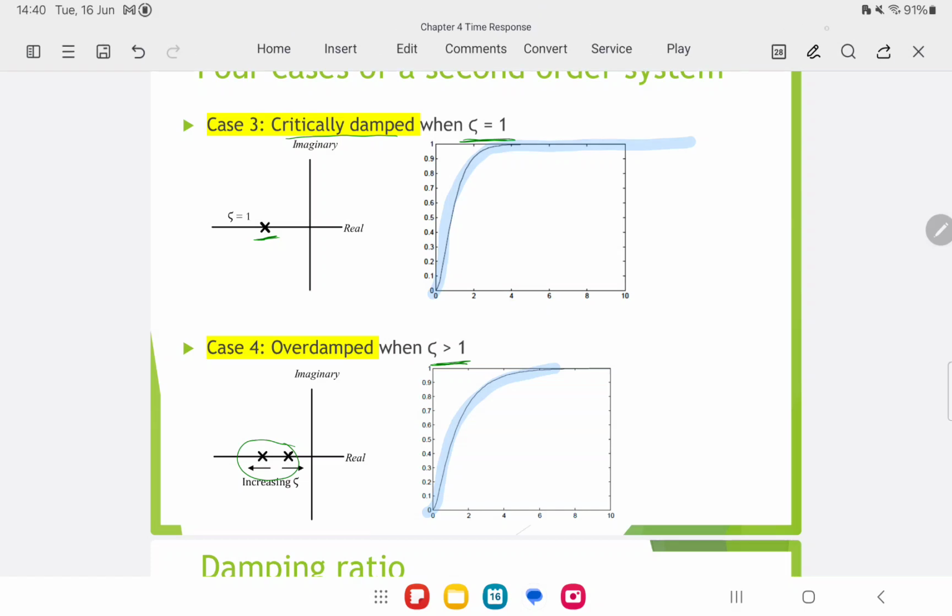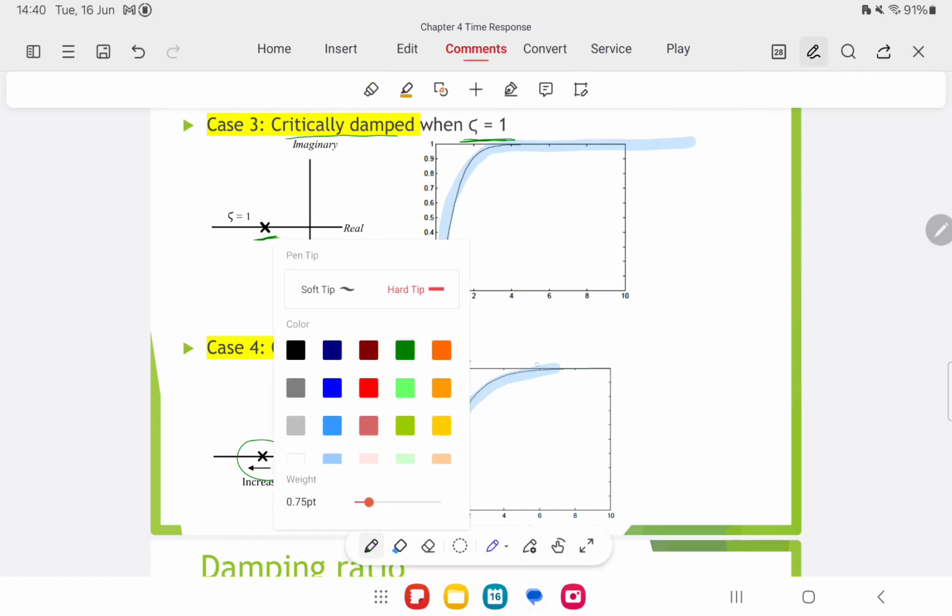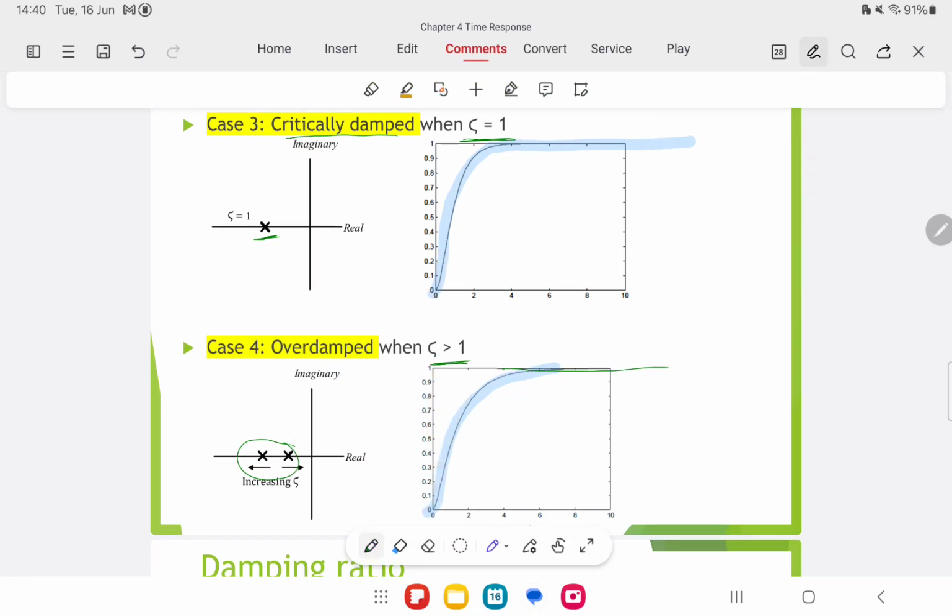It still becomes stable at the end, but it is a slow response. Somehow when t approaches infinity, it will reach the desired output, but slower compared to critically damped.